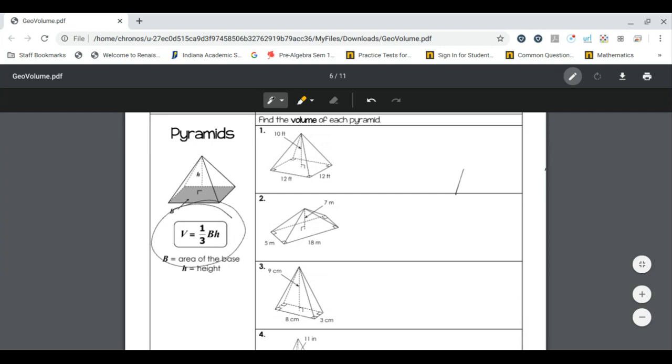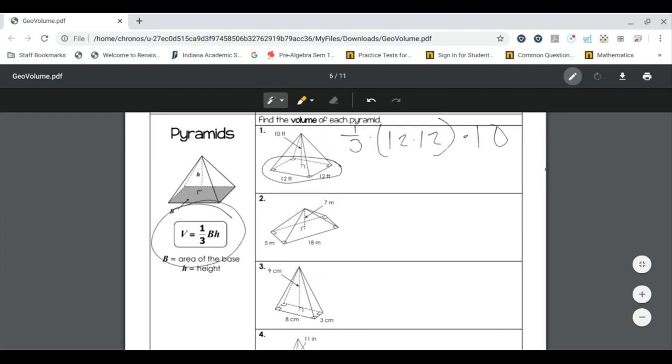Here's our formula. We take 1/3 of the area of the base and times it by the height. So if you look, right here is my base. So I'm going to take 1/3 of 12 times 12, because that would be the area of the square, and then times it by 10. So guys, that's not that difficult.